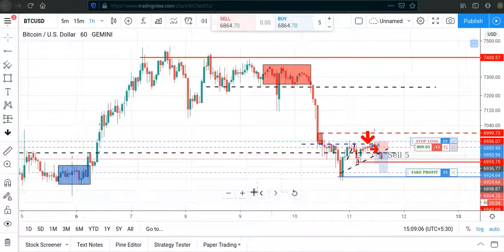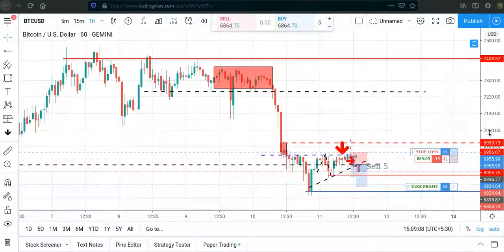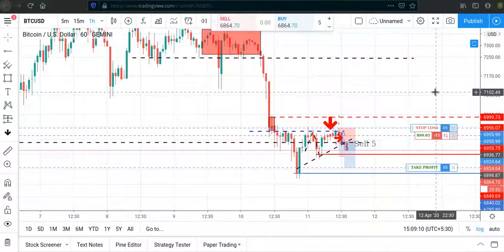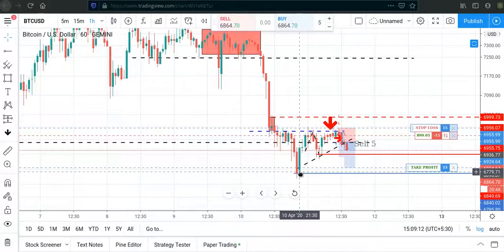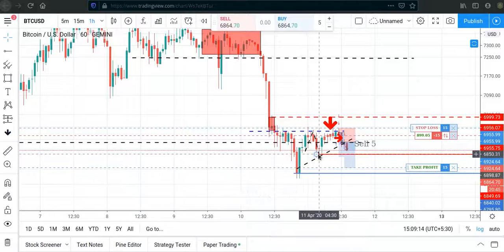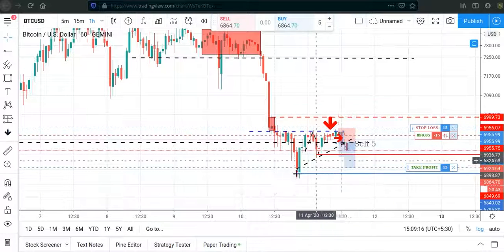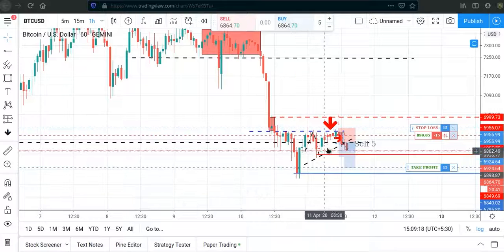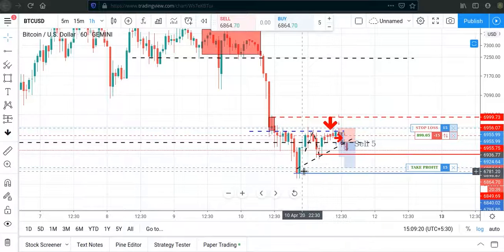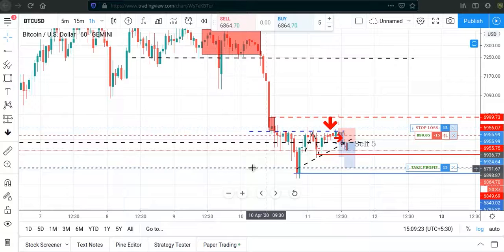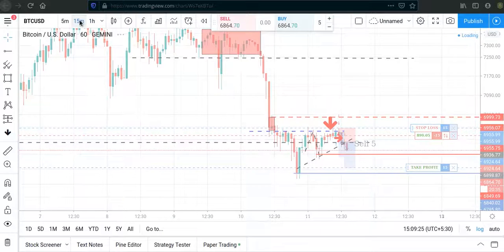The chart might look a little messy. I'll try to explain it in a simple way. After that, we can observe the price held here because of this trend line, a small one, we can see it clearly once I go into the 15-minute charts.